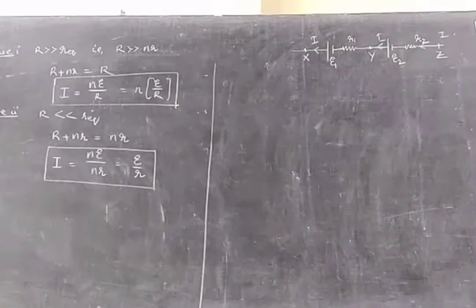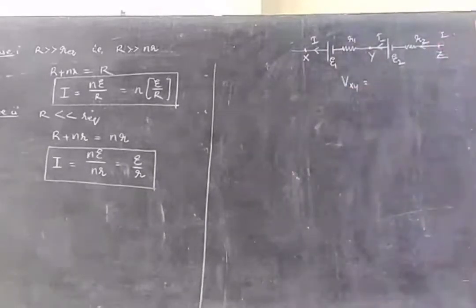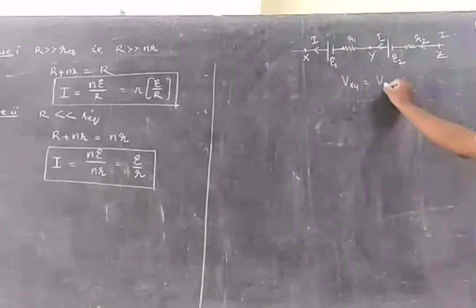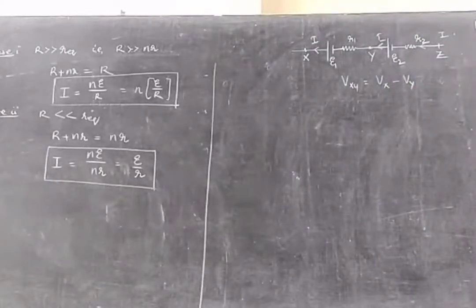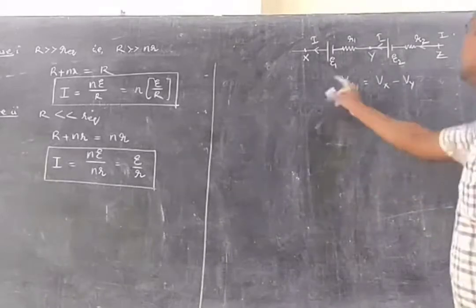Okay. So the potential difference across XY gives you Vx minus Vy. You agree with this? Right. Now, what is Vxy?